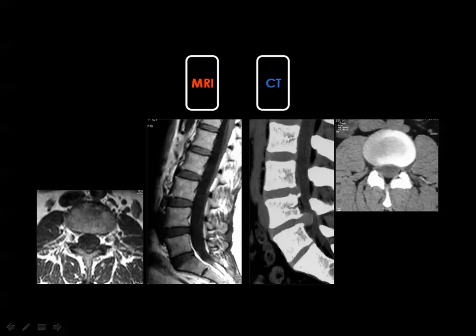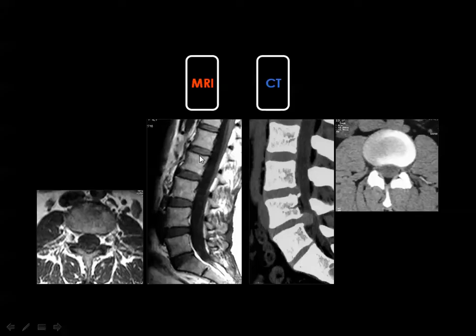Then you can easily discriminate between the MRI images and the sagittal reformatted CT images. Of course, the end plate of the vertebra in the CT is dense or very bright, while the end plate of the vertebra in any pulse sequence of MRI should be black because of the absence of mobile protons.